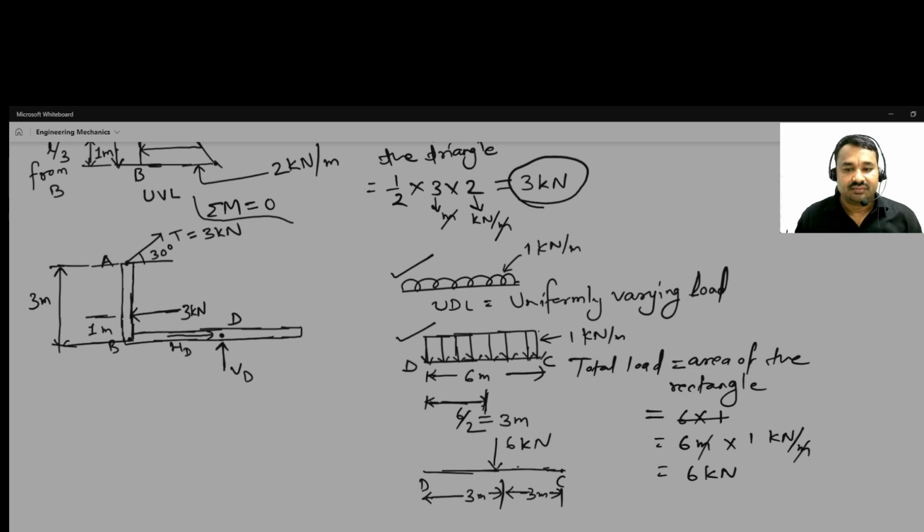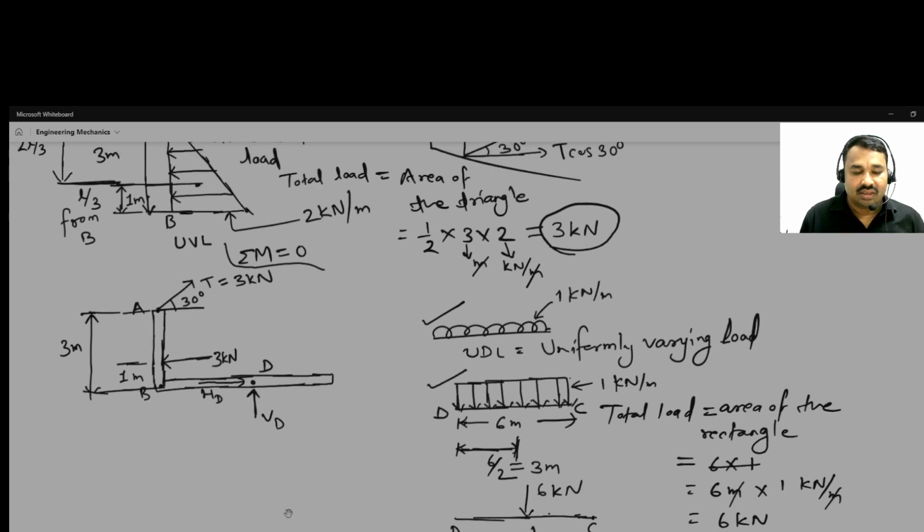Okay, so coming to this FBD. Okay, so from D to C, let us increase this length.